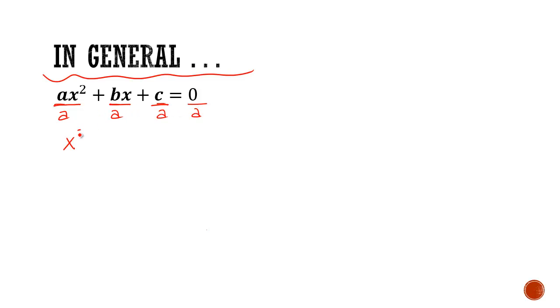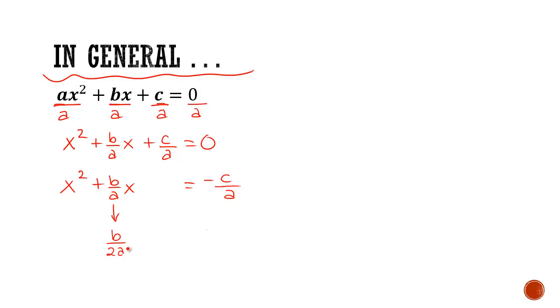So now you've got x squared plus b over a x plus c over a equals 0. Remember, we moved this term over. We had x squared plus b over a x equals negative c over a. Then, remember, we took half of the middle term, so that's b over 2a, squared it, and added it to both sides. So that's adding b squared over 4a squared to both sides.